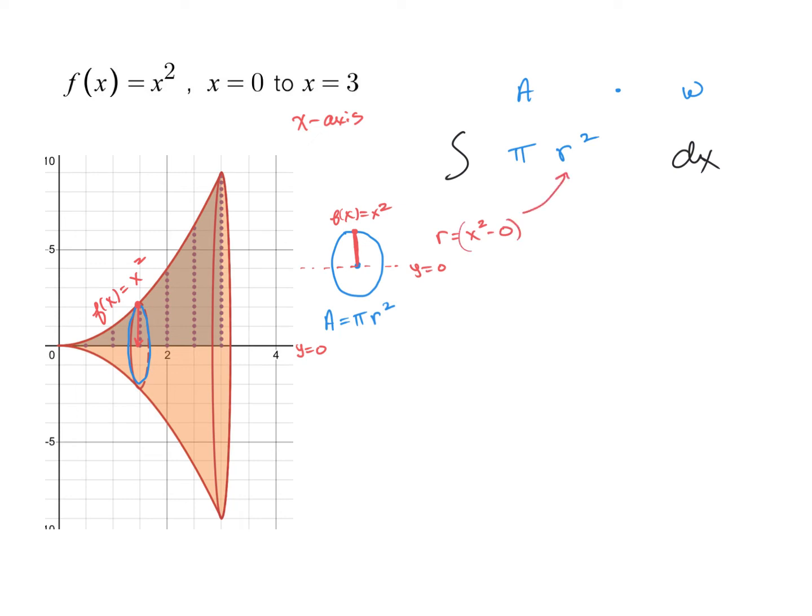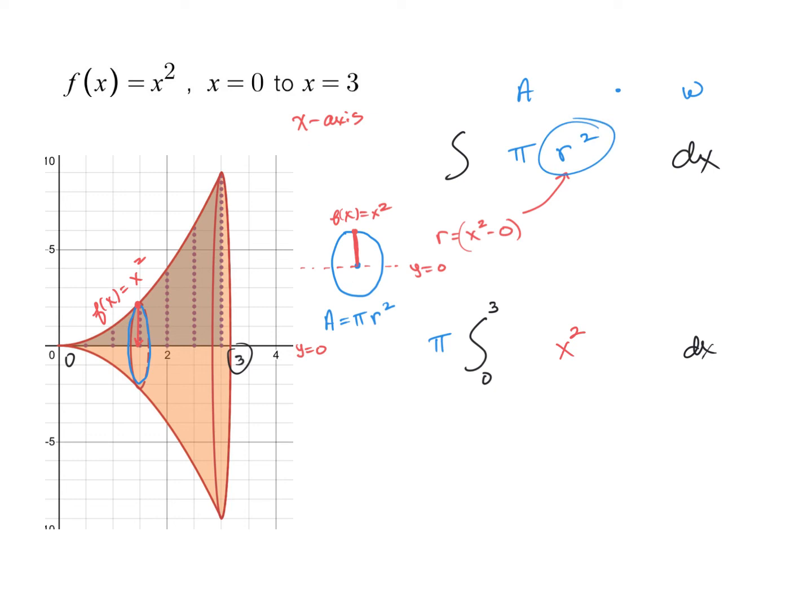So to write our volume formula, we're going to integrate. And this goes from 0 to 3. And we're revolving around the x-axis, so it's dx. I'm going to go ahead and pull the pi out because it's a constant. And inside, I'm going to put the radius. The radius is x squared minus 0, or simply x squared.